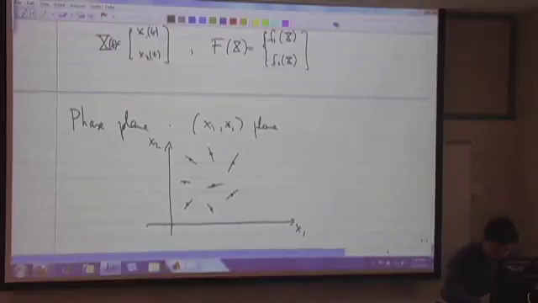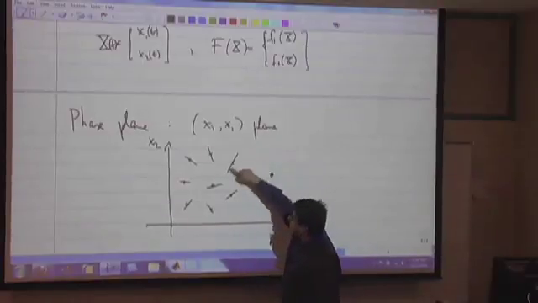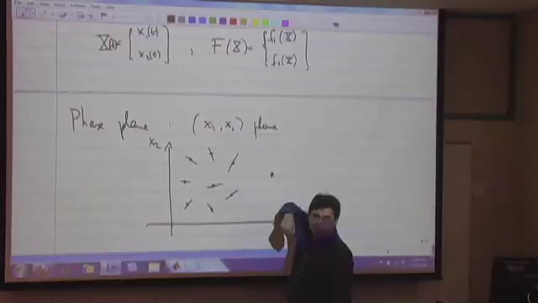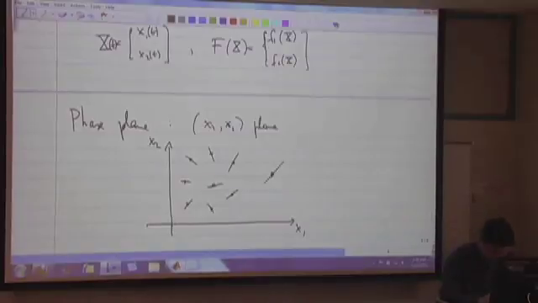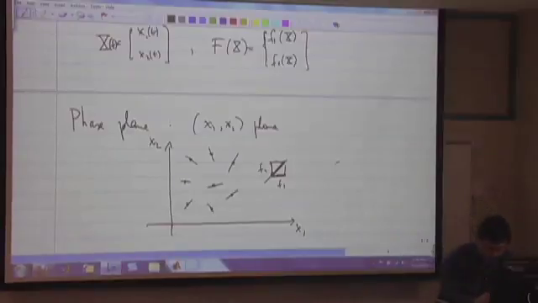If I pick this point and I want to compute the solution of that system and display it here, I can measure f1, f2, and then I'm going to get that slope. Because remember, dx1/dt is f1, dx2/dt is f2.